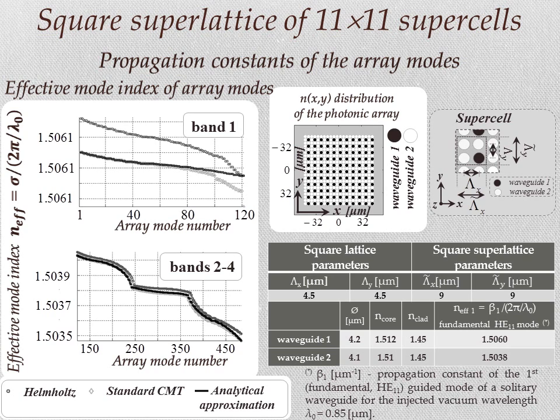As a second example, let me show you analysis of a 2D photonic superlattice, where a supercell, a unit cell of the array, contains 4 waveguides of 2 different types. Here you see the parameters of the photonic superlattice.